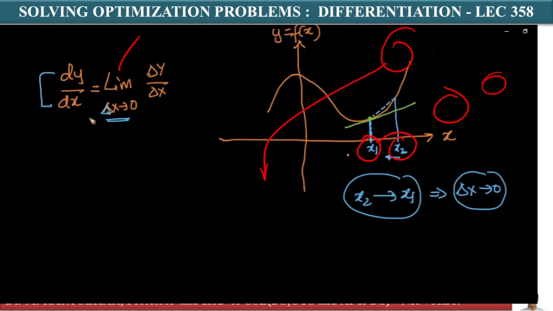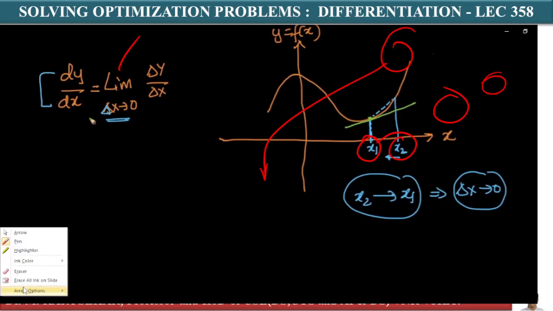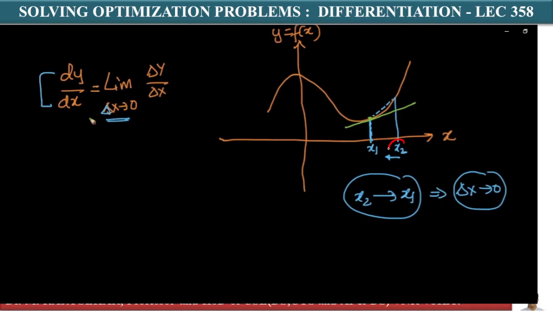If x2 comes closer and closer to x1, that's important, then my delta x goes to 0. As x2 comes closer to x1, my delta x becomes 0 or tends to 0.